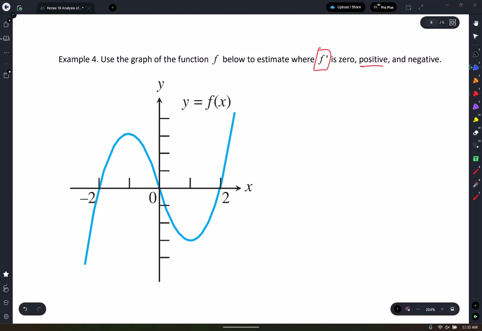I'll even try to color code it. All right, you guys ready? This is f. Where is f prime positive?